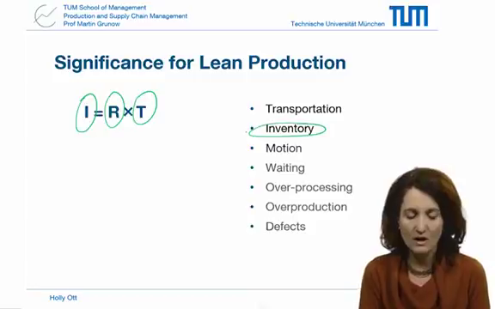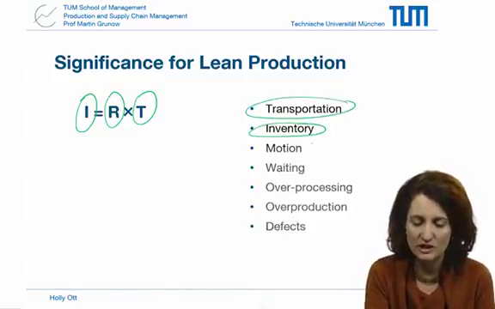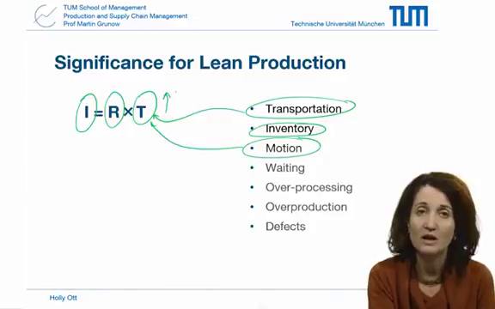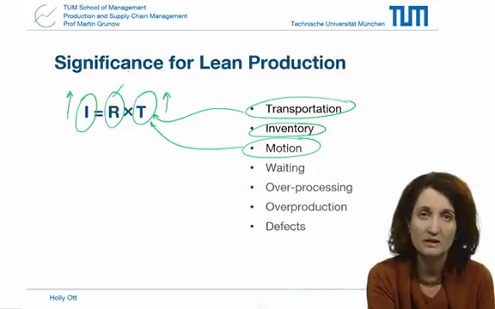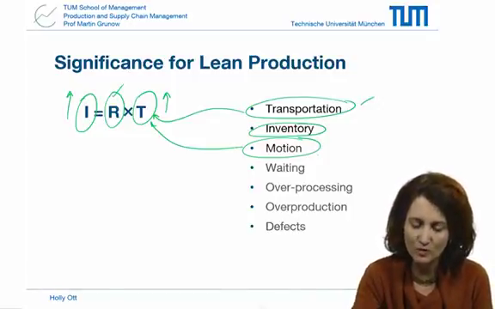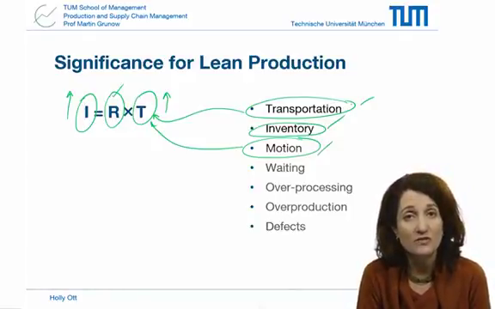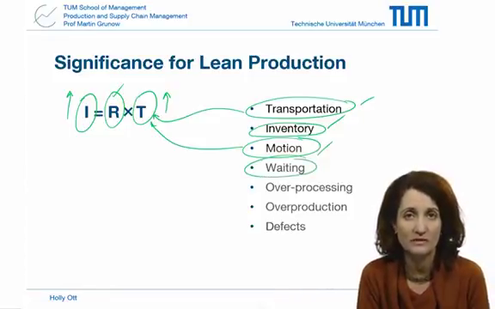Obviously, if we have additional transportation or motion, this goes into increasing our flow time, which we know for a constant bottleneck capacity will increase our inventory. So we have a waste here, which creates waste there. Additionally, we saw if we have too much inventory, we end up having some waiting around, which also increases our flow time, also shown by Little's Law.